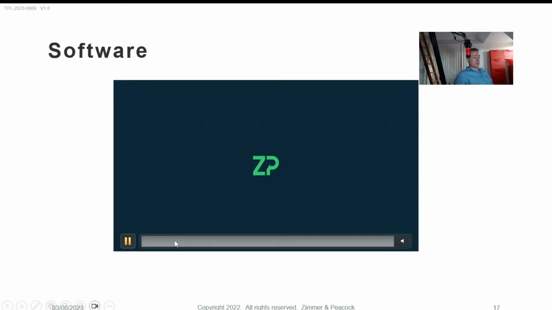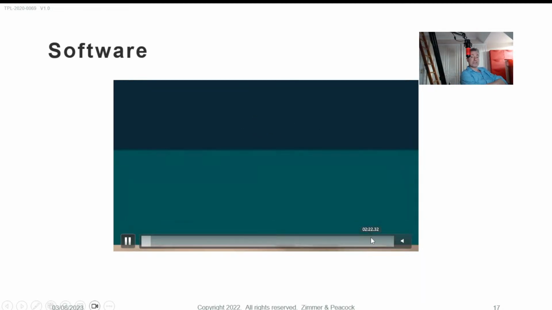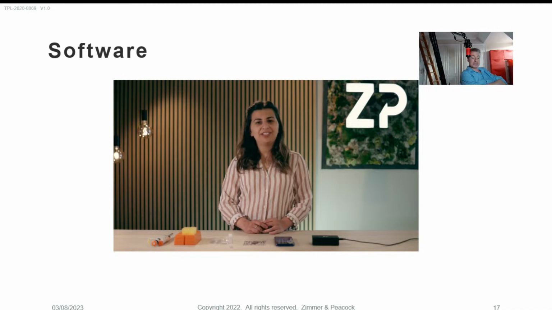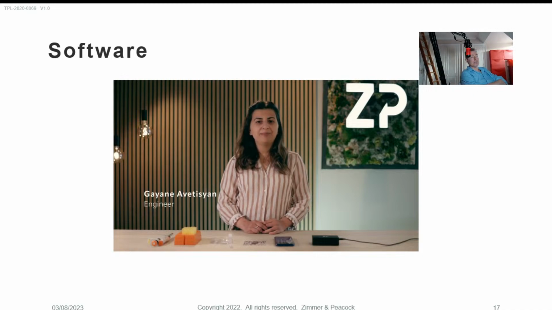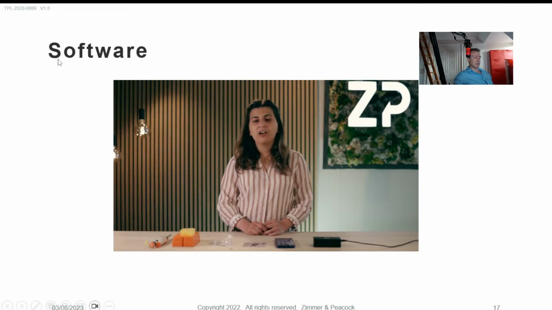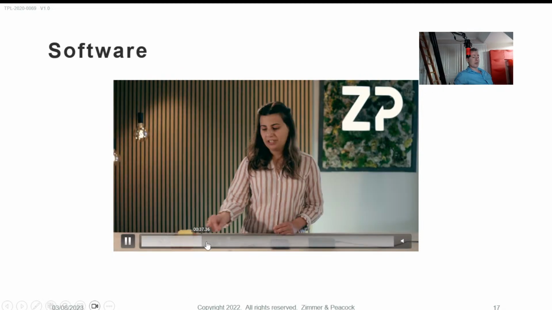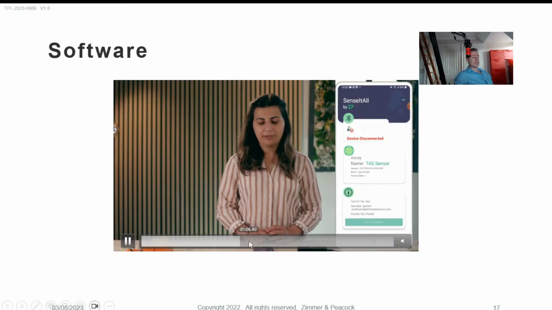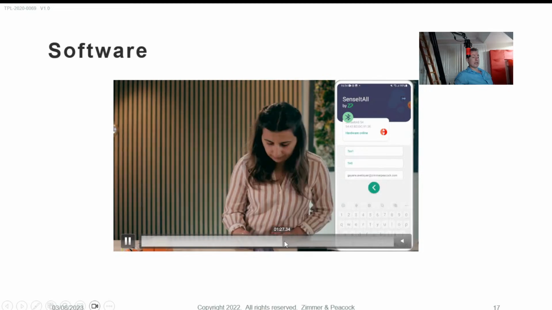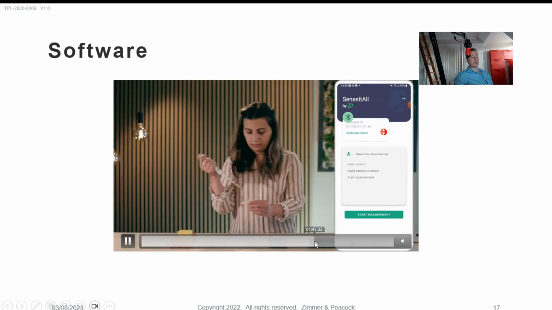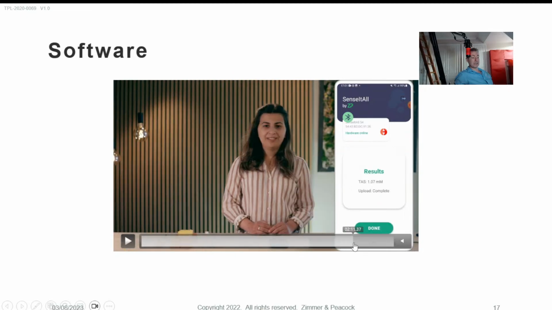Software-wise, one of the questions was, can we be involved in this? Well, a blood gas analyzer system, your product is not yet built. I suspect it's still at the idea stage. But at ZP, we do develop a lot of software, and the software for a blood gas analyzer will be a different piece of software.